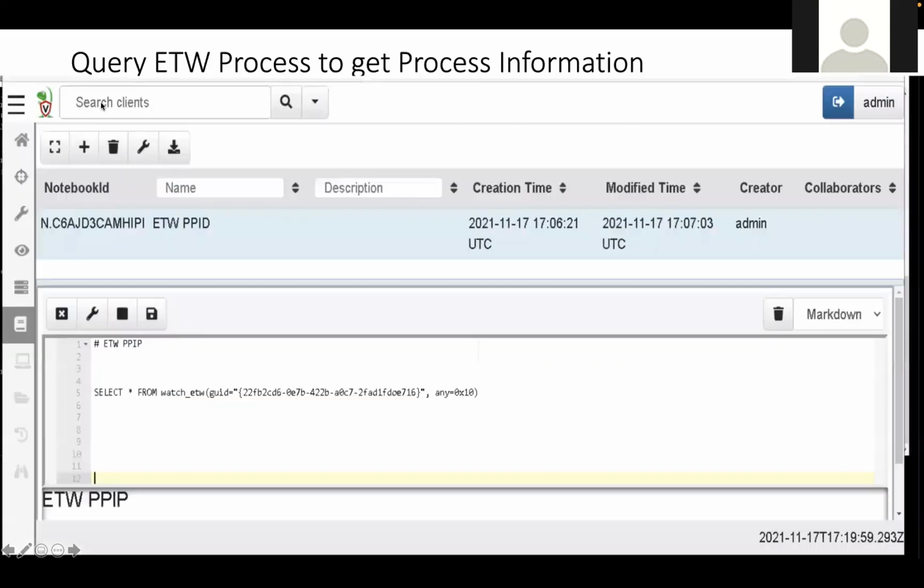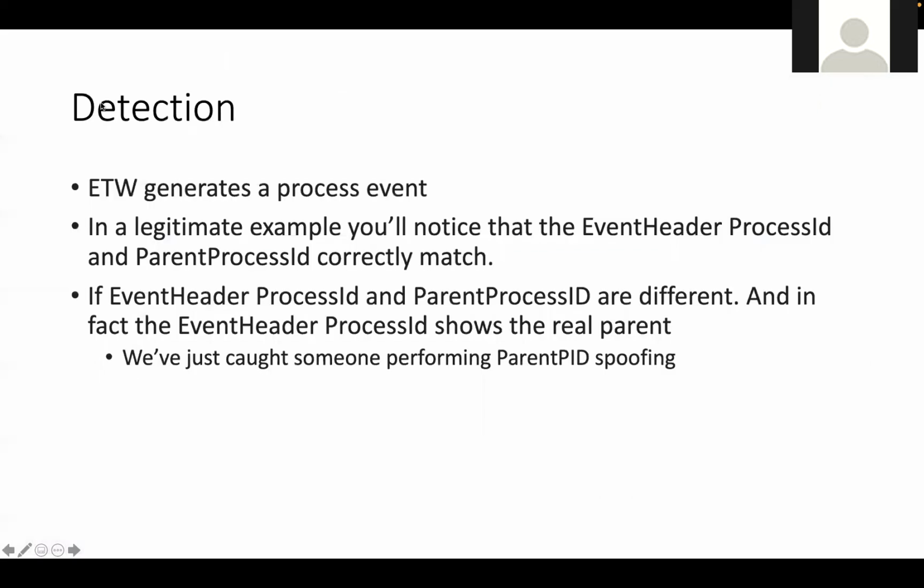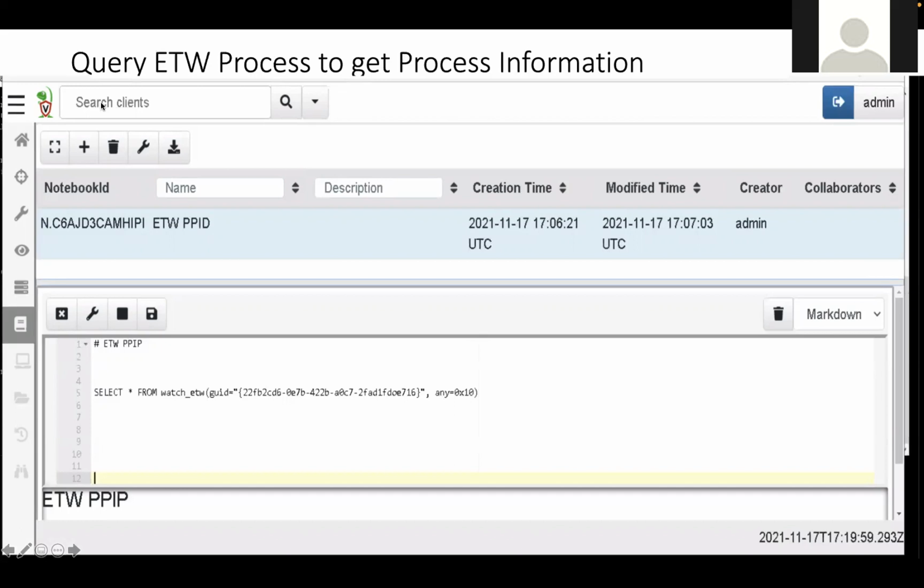Here's an example of the particular VQL for that. This is the VQL for parent process ID spoofing. You just take this VQL, put it into an artifact, and then you could run it on the endpoints.